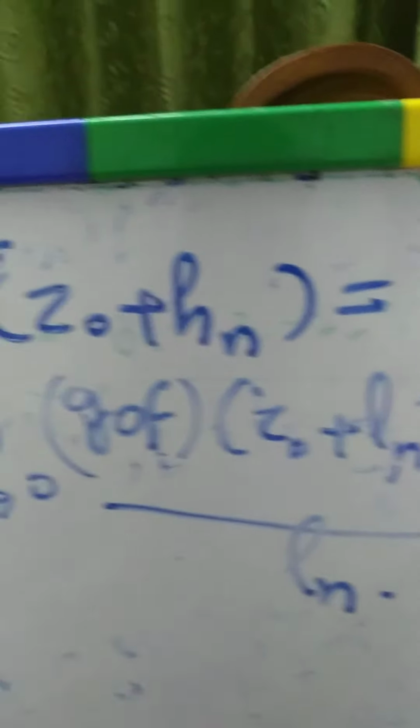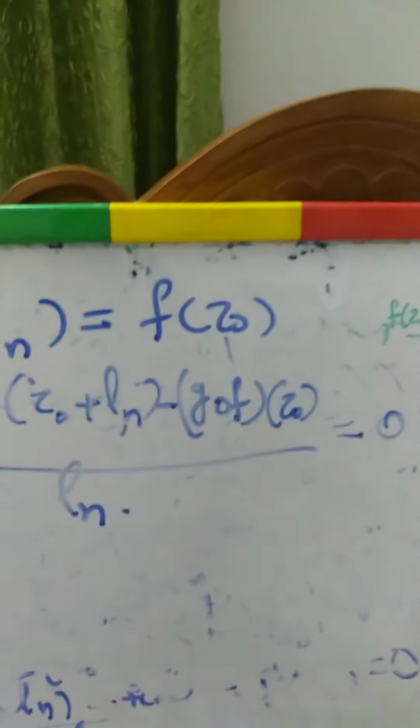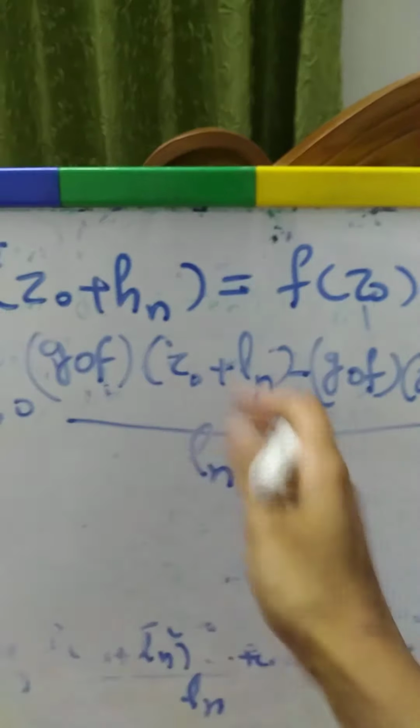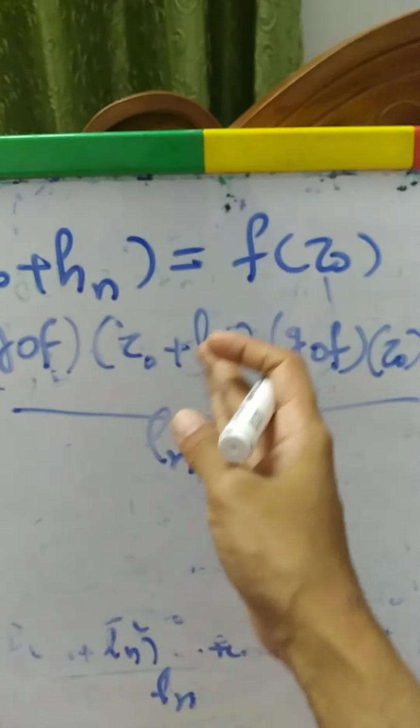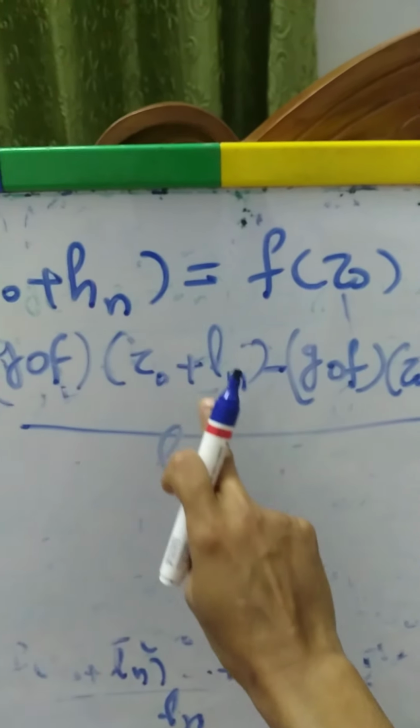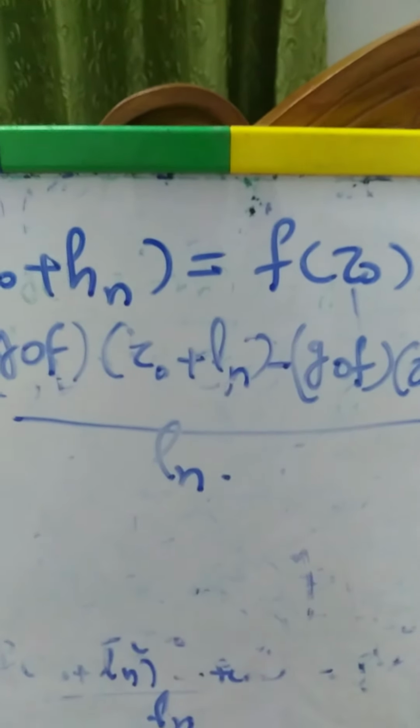Now you have one more sequence remaining. What is the remaining sequence here? Throughout your proof, you just take this sequence ln. But your Hn is the union of two sequences, sequence ln and sequence kn.